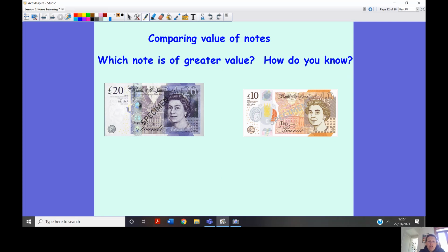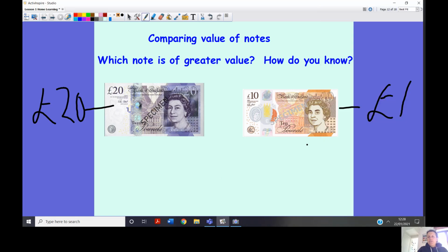How do you know? So I have two notes here. I have my £20 note and I have my £10 note. Oopsie daisy. My £10 note. What makes up each of these notes is that word pound.